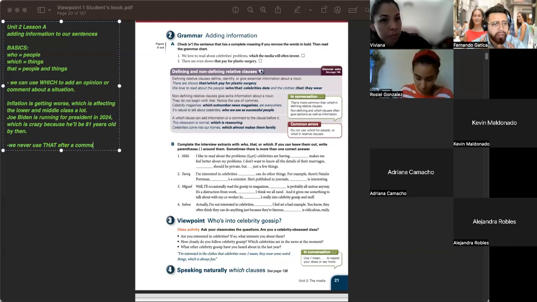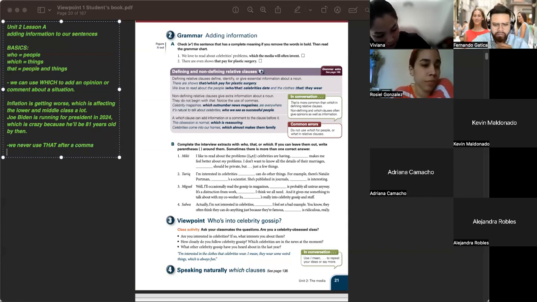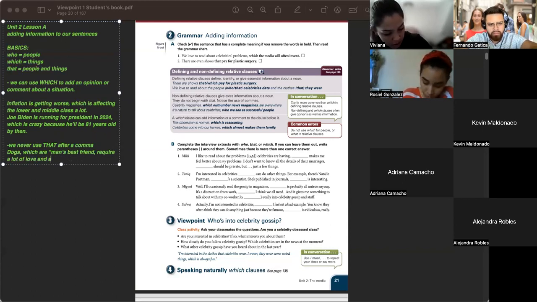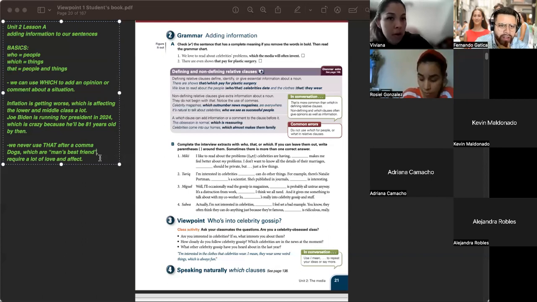Yes, you can use that for people and things, but never after a comma. Dogs, which are man's best friend, require a lot of love and affection.